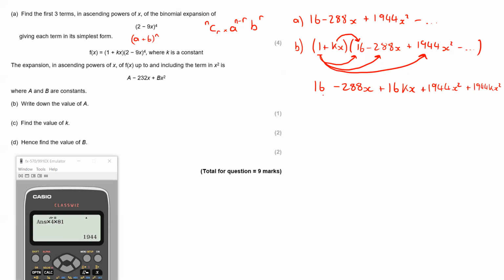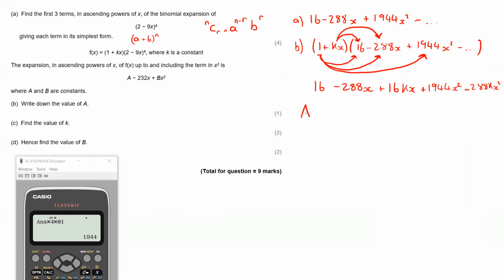It's not that one. Completely messed that up. Ignore that last little bit. It's that kx times by the one before it, sorry. Let's think before I speak. It's this one here. So it's kx times by this. So I've got a minus 288kx squared. That would have been clearer in a second. That kx times by this term will give me a cubic, which we don't want in this.